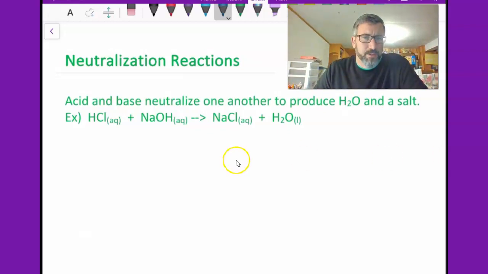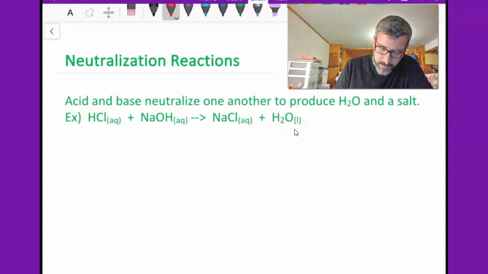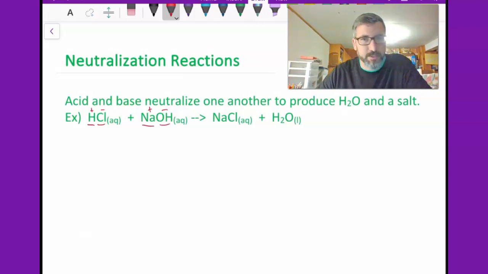Now, the cool thing about a neutralization reaction is, if you look at it, it's actually just really a double replacement reaction. So if you look at what's happening here, we have a positive H and a negative Cl. Over here, we have a positive Na and a negative OH, and they're just trading partners.